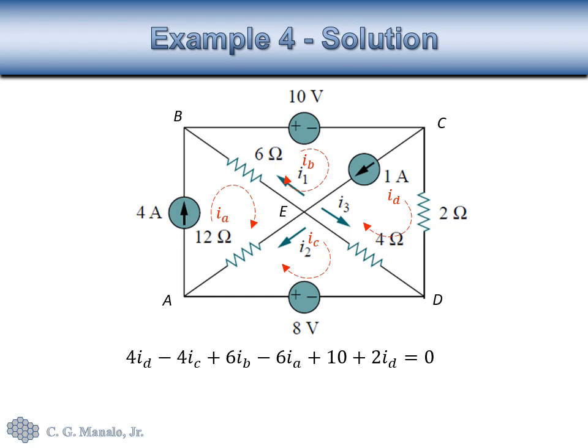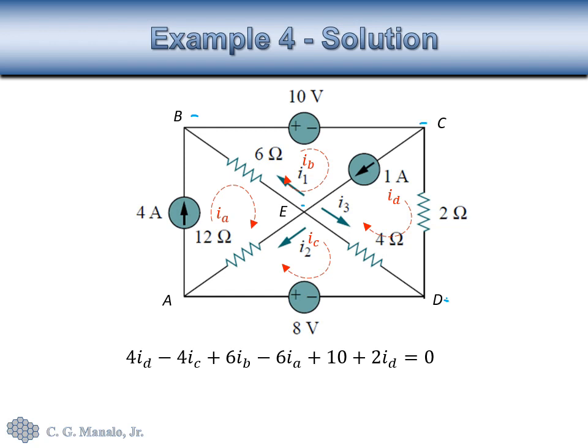Now, one supermesh that we can look up is the loop D, E, B, C, D loop.